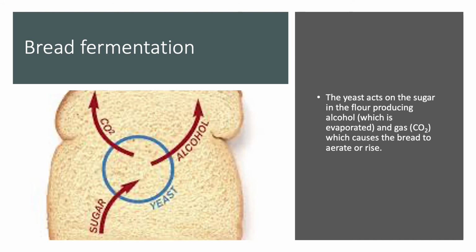So the fermentation cycle is that we start off with our yeast, and we add sugar and water to it, and a chemical reaction occurs where the yeast ferments, creates alcohol, and the alcohol produces carbon dioxide, and then if we activate the gluten in the flour, that traps the CO2 into little balloon-like pockets inside the bread, and that's how we get rise in the bread. Okay, fermentation cycle.